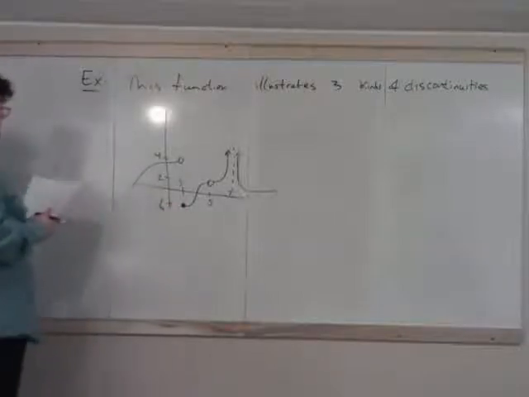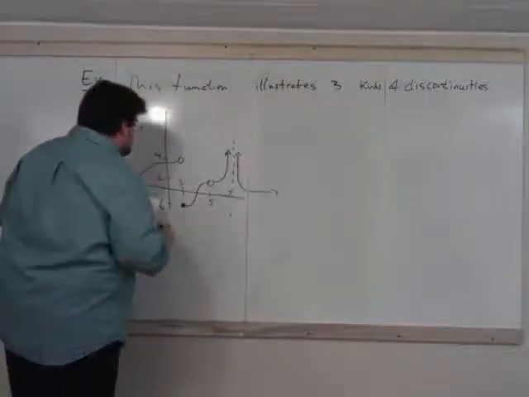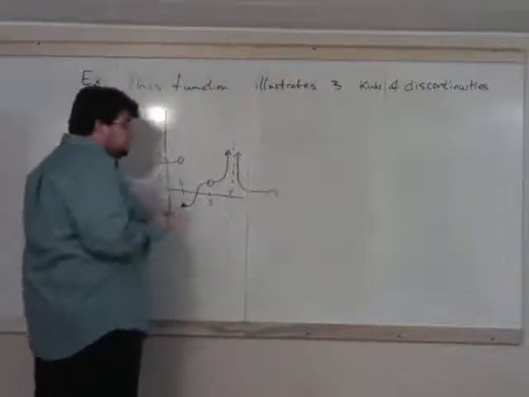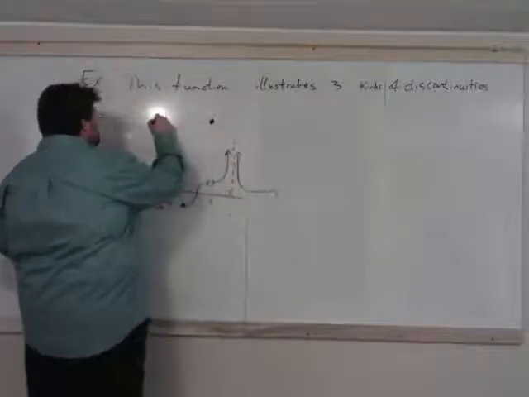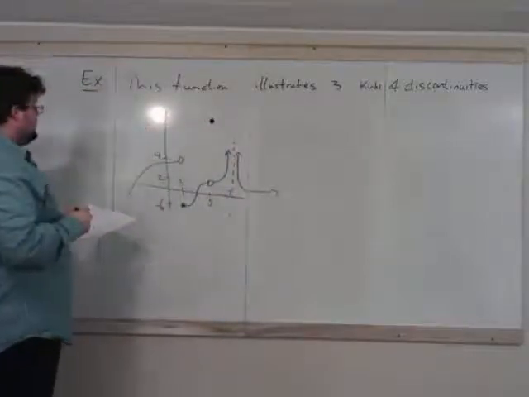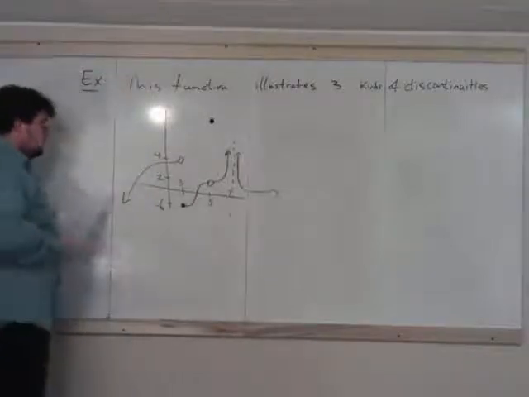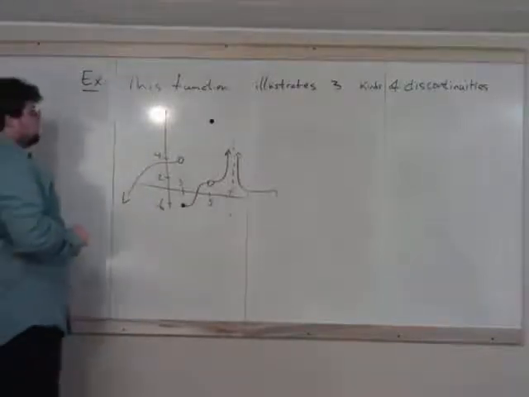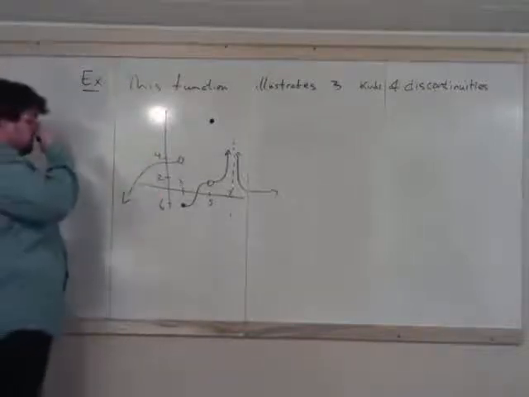So we don't have the same number showing up all over the place. I need another point. That point we'll say is 8. And this function, let's say there's an arrow going over there like that. So right here, this function has 3 discontinuities.